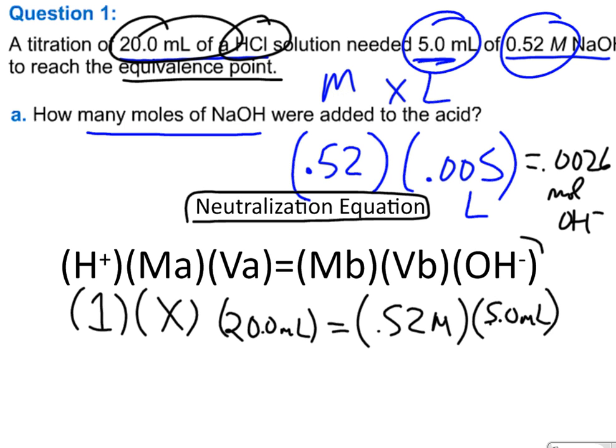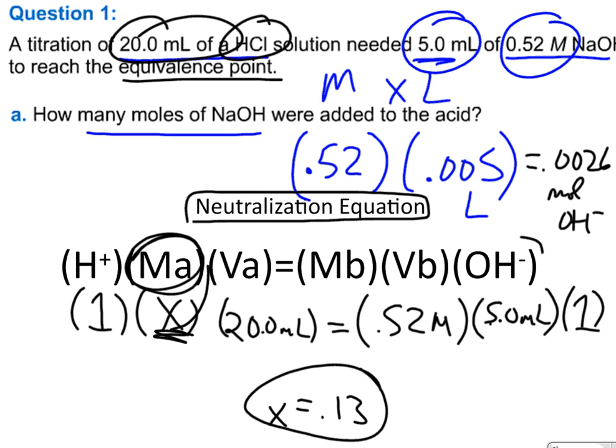If I'm solving for X in this case, I'm finding molarity. And then this is equal to 1 as well. So ultimately, to get the answer, I'm basically going to just go 0.52 times 5 divided by 20. What I end up getting when I do that is X becomes 0.13. So that's my molarity of the acid. And that's one of the calculations we do with titrations, because that's a calculation around the equivalence point.